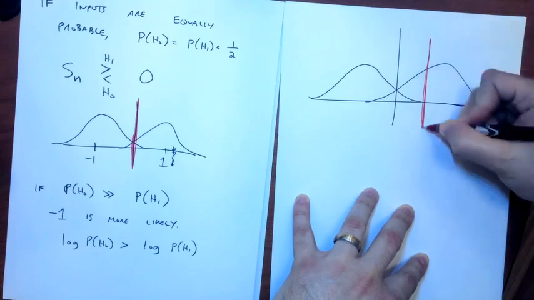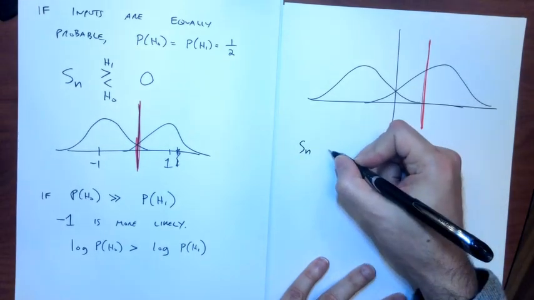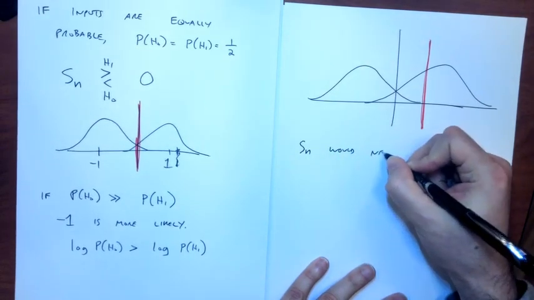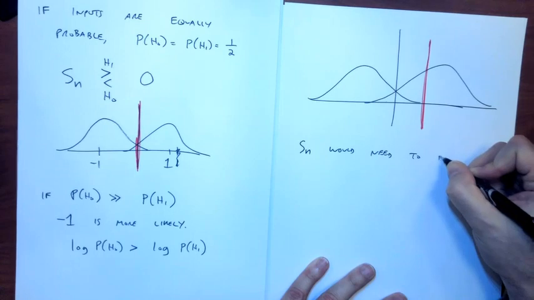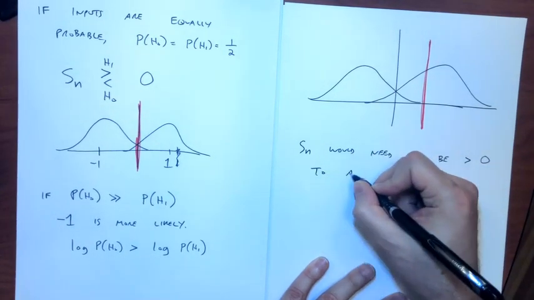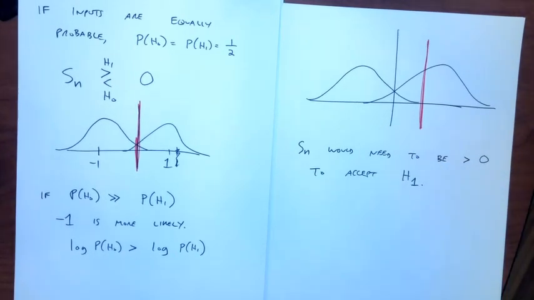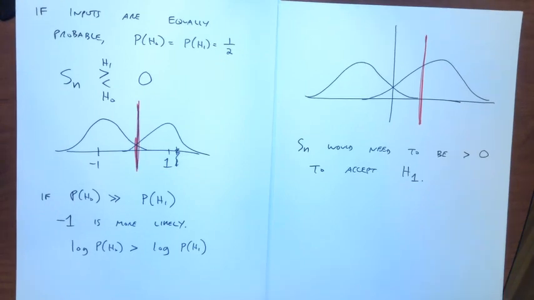So Sn would need to be a lot bigger than 0 to accept the possibility of transmitting 1, right? So that's kind of the idea, that I'm trading off the priors, right?